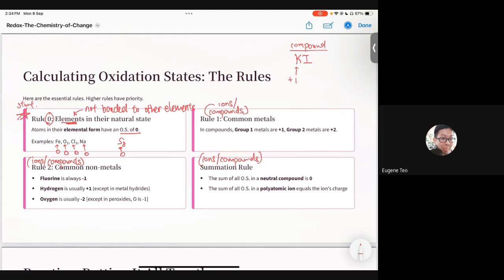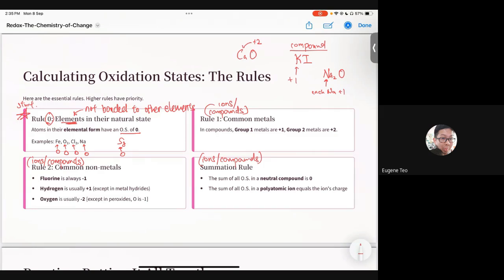What if I got Na2O? Sodium is a group 1 metal, so each Na, the oxidation state is +1. How about a group 2 metal? If I got calcium oxide, CaO, we already know that group 2 metals are +2. So the calcium here will be +2. So in terms of common metals, group 1 and group 2 are generally +1 or +2.